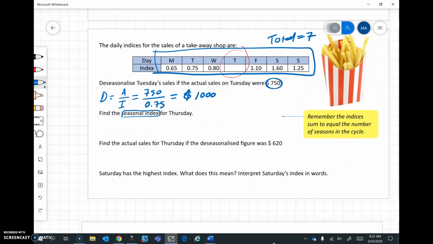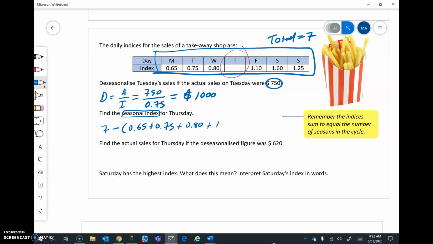So what we do is we subtract all the indices that we have from 7, and that will give us Thursday's index. So just like this. It depends how many indices are there. If it was a monthly index, there'd be 12 months, so those indices would add up to 12.